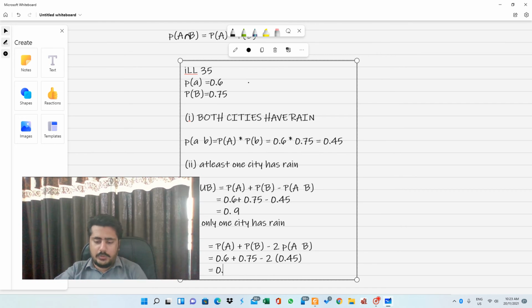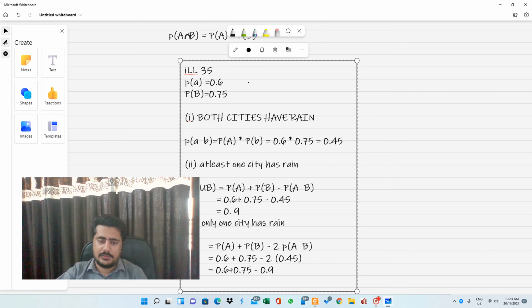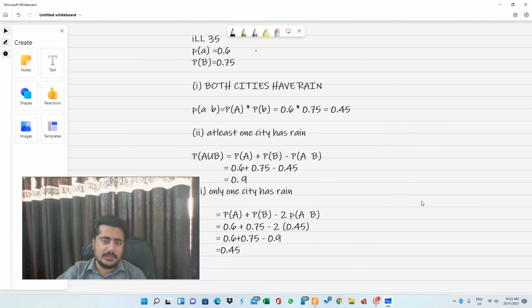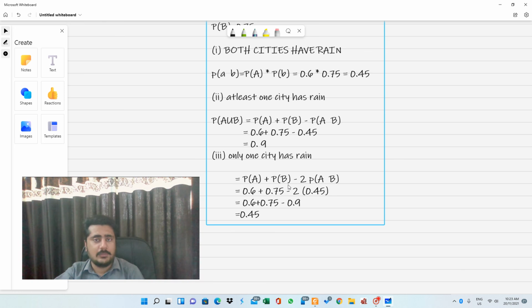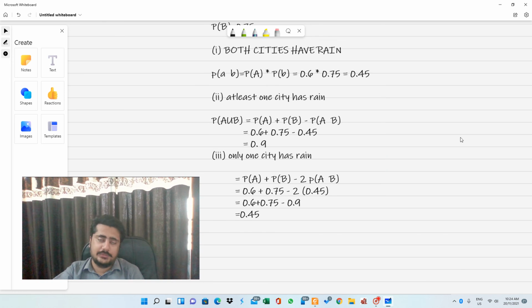So it is 0.6 plus 0.75 minus 0.9, which is 0.45. You are asked only one, which means you have to apply this formula: P of A plus P of B minus 2 intersection. How this formula came, I have explained somewhere in exercise 1.3.